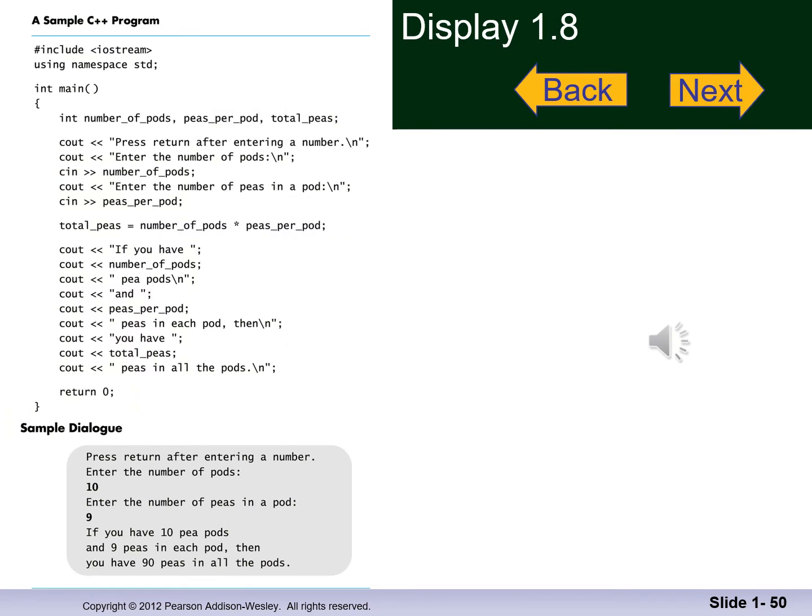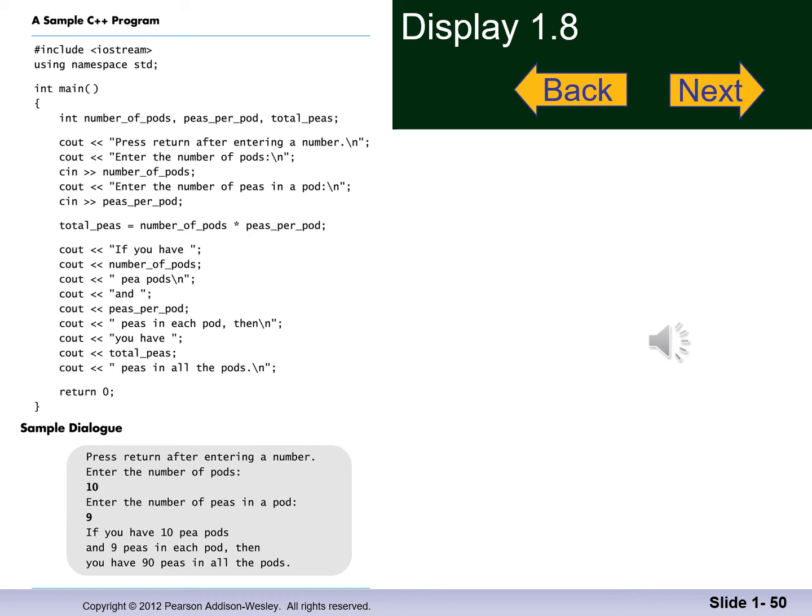So here we go. We're now back to our video lecture, and I'm walking you through some aspects of a fully coded program that has input and output. This is 1.8 from your textbook.